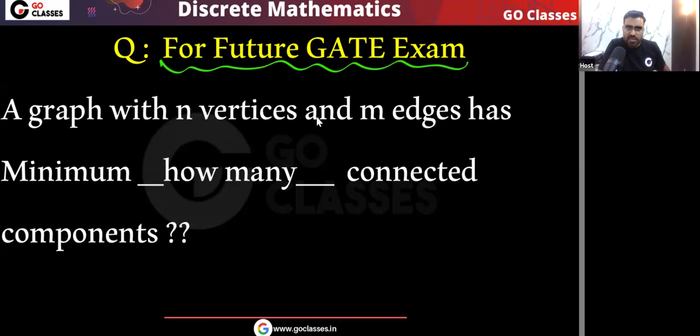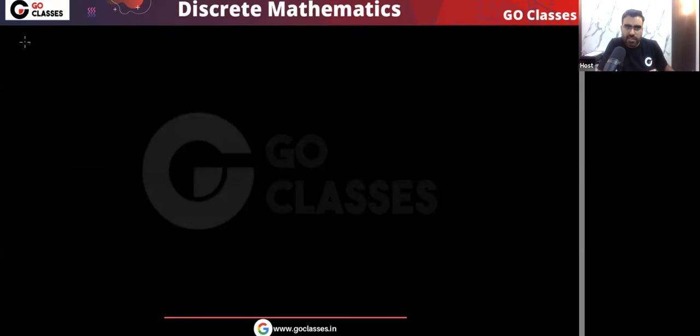Let's see how you would solve it if this question comes in the GATE exam. Very easily, you can take some values and try to create the minimum number of components. Let me take the number of vertices equal to 6 and the number of edges equal to 3. Tell me, what is the minimum number of components you can create?